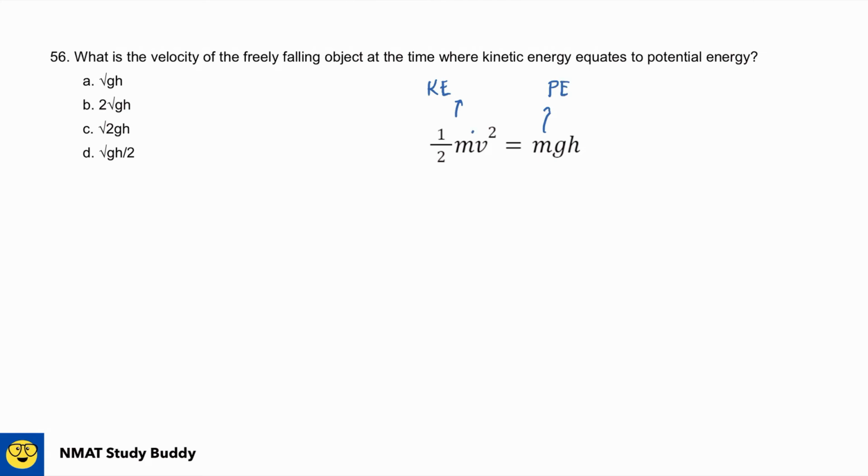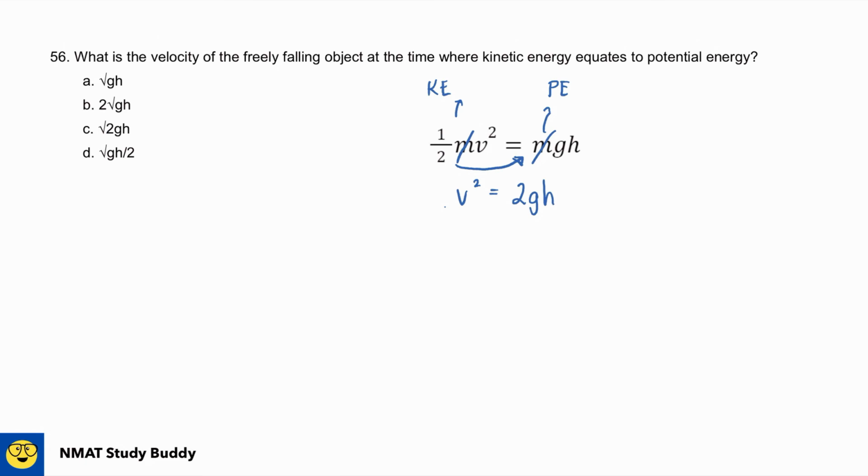And then, let's just derive the equation for the velocity. Since both sides have mass, we cancel the mass. And then, we're left with 1/2 v squared. So, v squared is equal to, the 2 we multiply to the other side, so 2 times gravity times height.